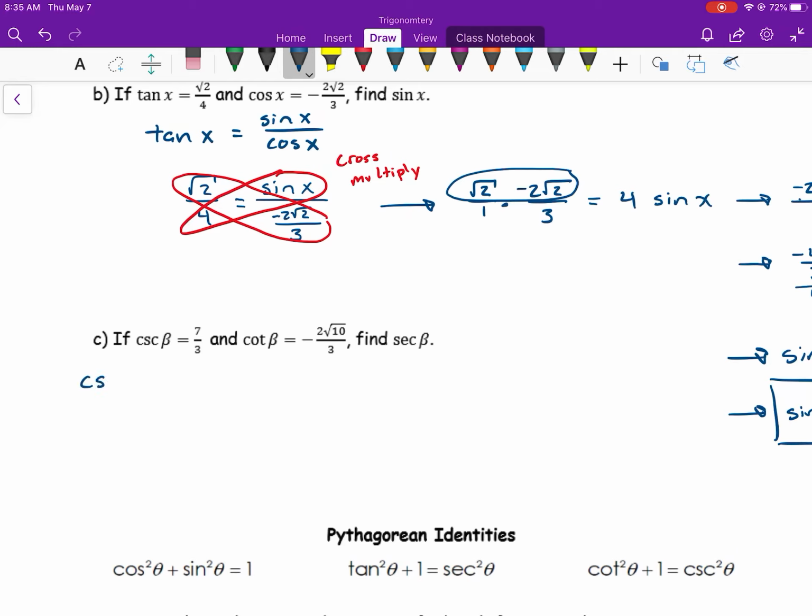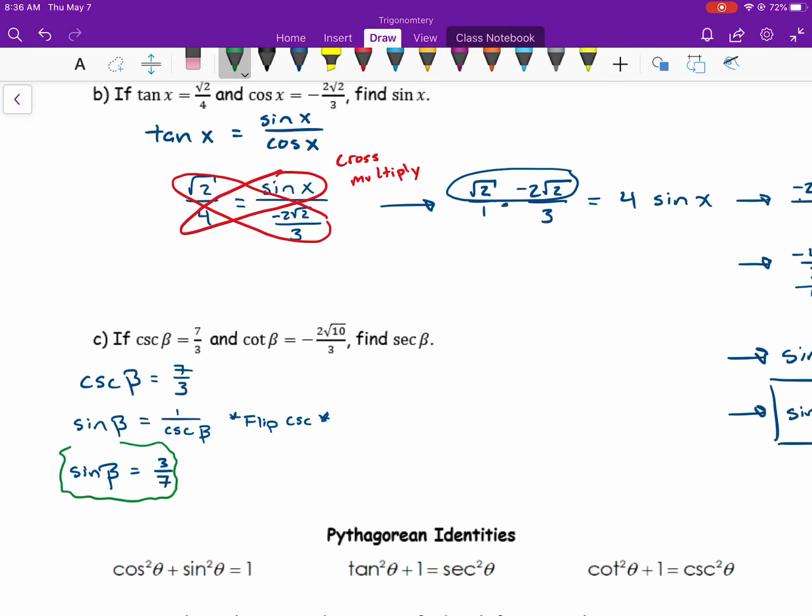I know that cosecant of beta is 7/3, and the reciprocal of that means sine of beta is equal to 1 over cosecant of beta. Which means you basically flip cosecant. So sine of beta is really 3/7.